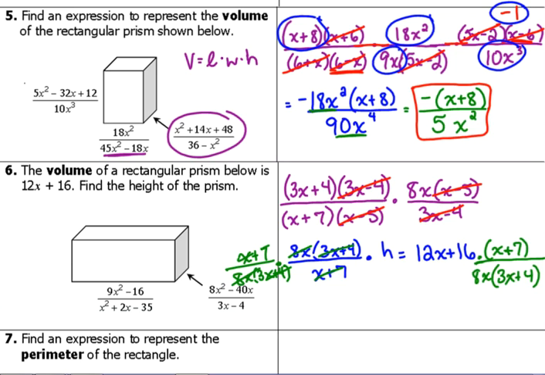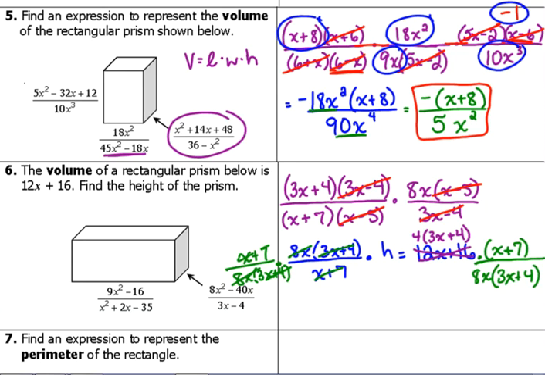Now, it doesn't look like anything happens, does it? What should we do to the 12x plus 16? Factor out a 4. It has a GCF of 4. Let's do that. I'm just saving myself from having to write it again. I'm just going to write it above it. 4 times 3x plus 4 is equivalent to 12x plus 16.